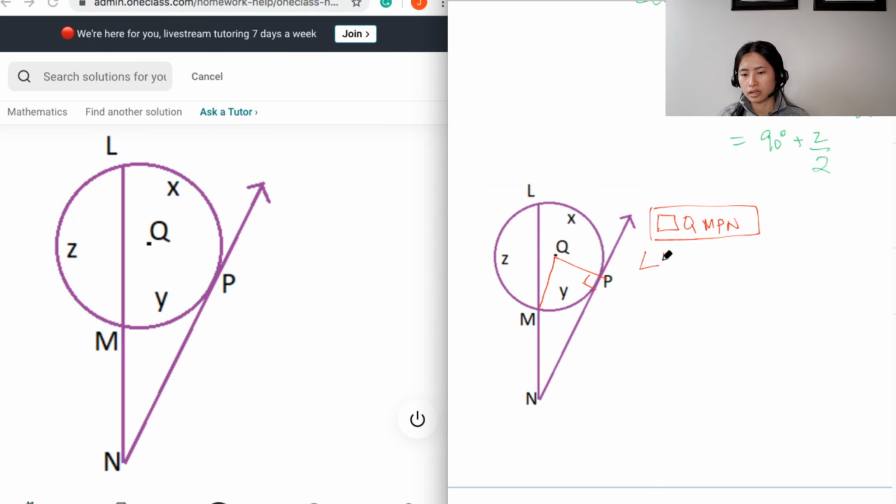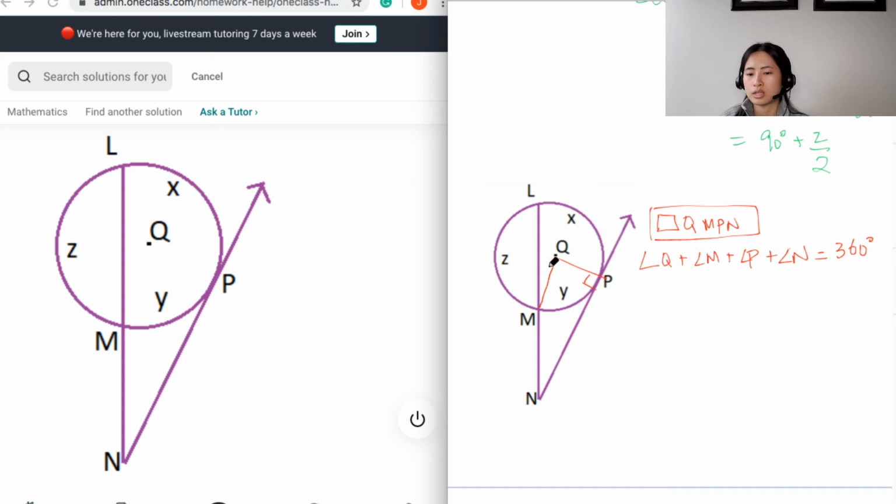Let's go by order, Q, M, P, angle N. There we go. So this is going to be 360 degrees, because a trapezoid is a quadrilateral, and what do we know about quadrilaterals? The sum of the interior angles is supposed to be 360 degrees, right?